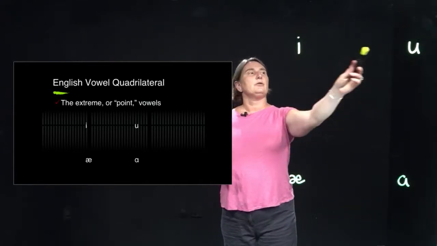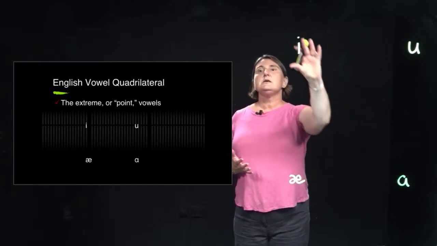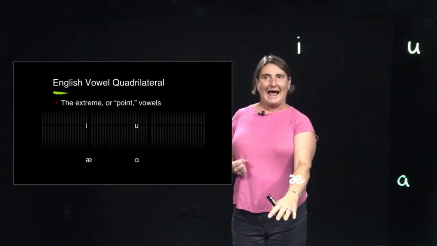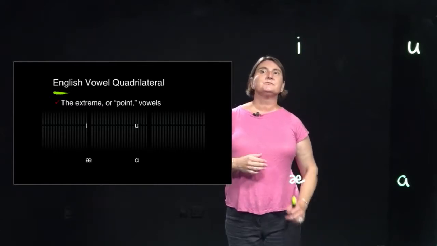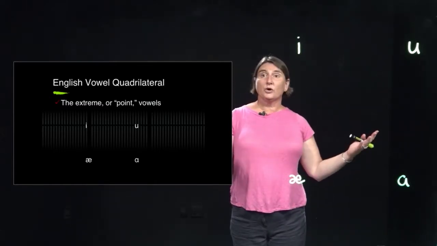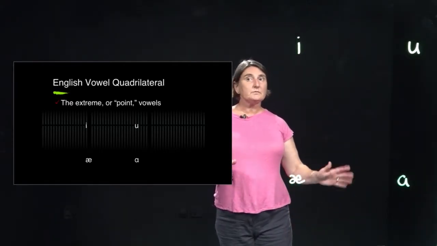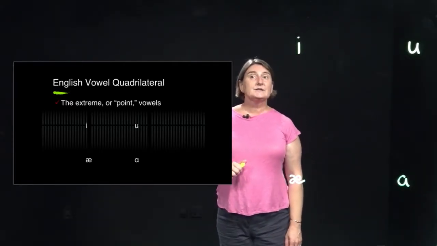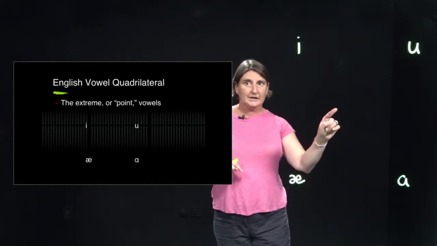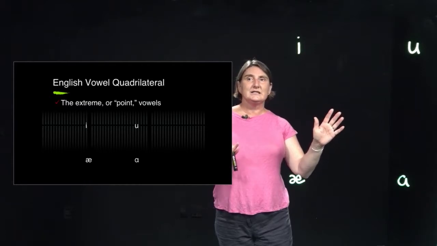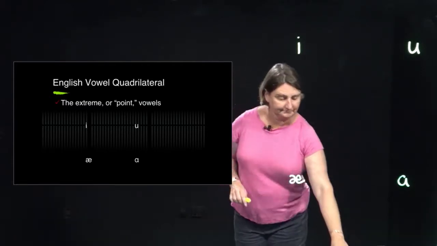So some people might call them corner vowels. They're the most extreme, E, oo, ah. They're the most extreme in tongue position, and so they form the framework for us in English for representing all of the vowels. So what I'll be doing now is going through the individual vowels and filling them in here so you get an idea of how the vowels are related to each other.